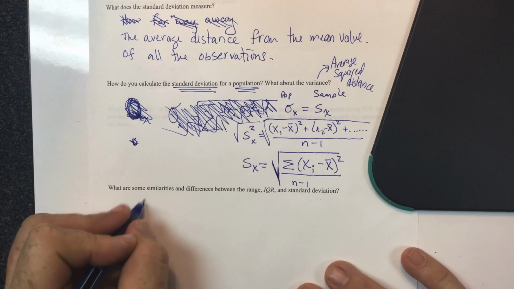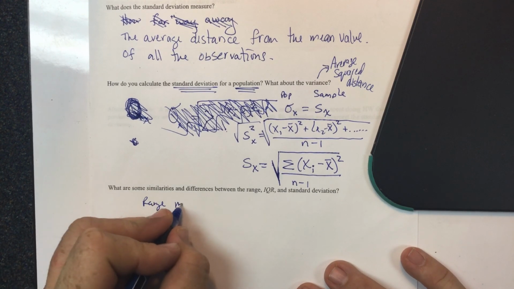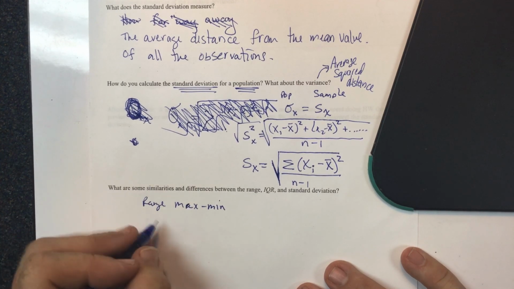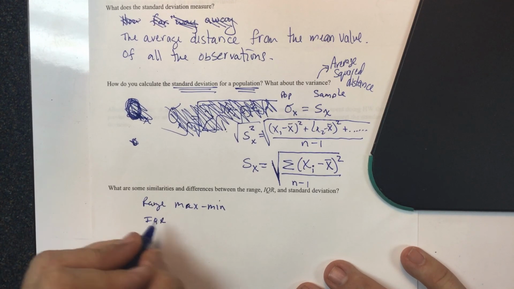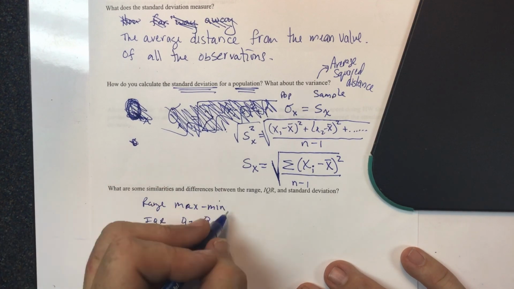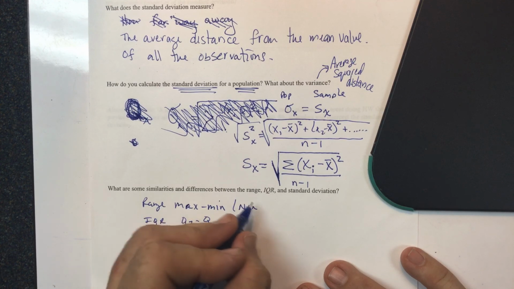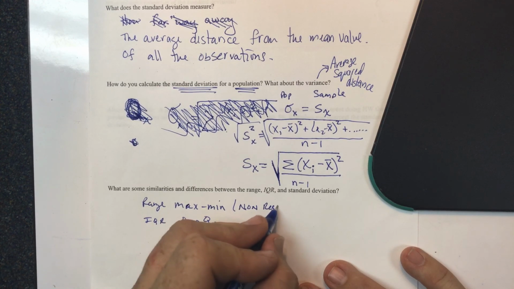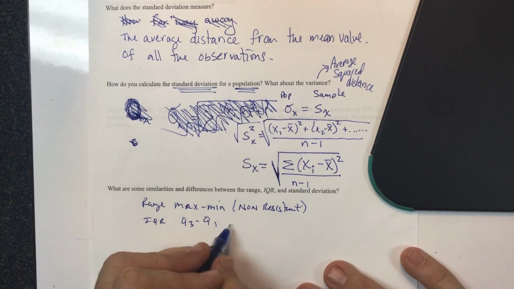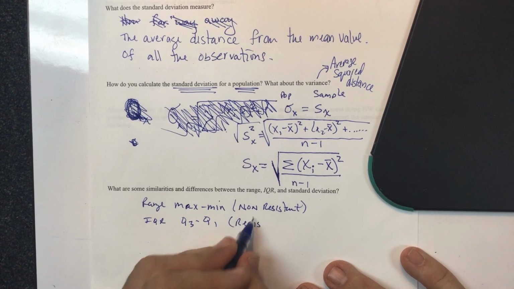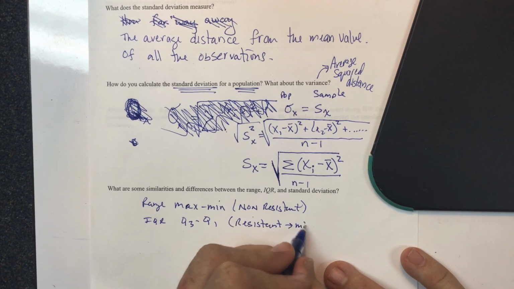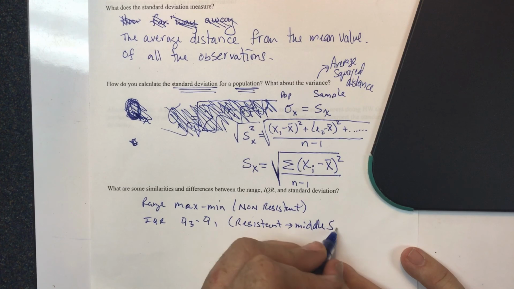Don't forget, range is max minus min. IQR is Q3 minus Q1. And this is non-resistant. And it's just one huge range. This is resistant, and it's the middle 50%.